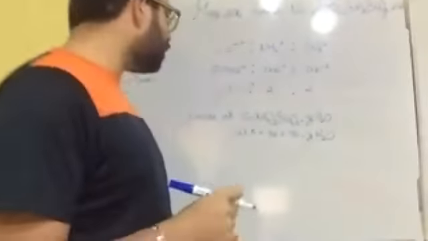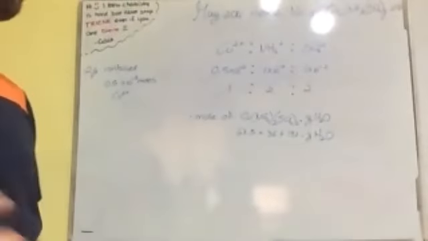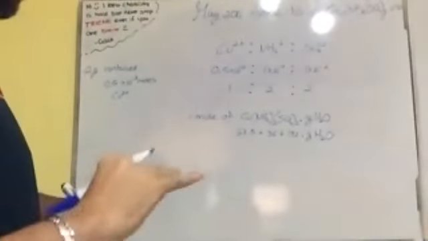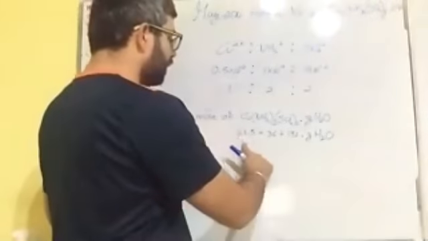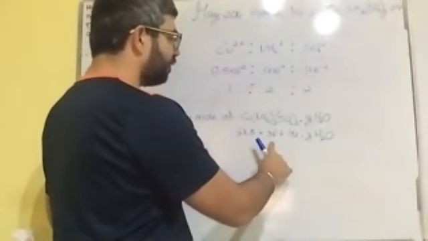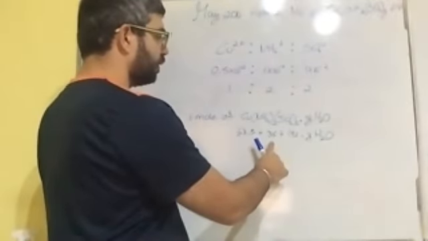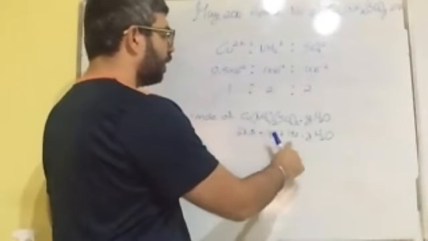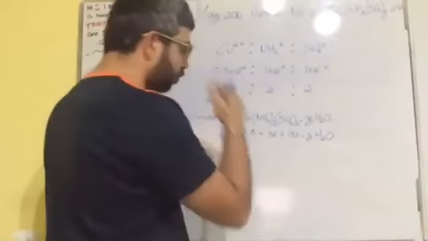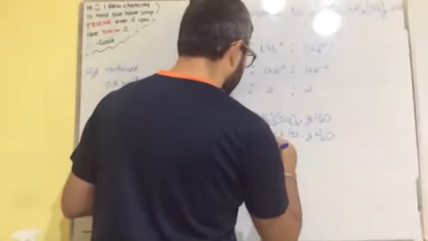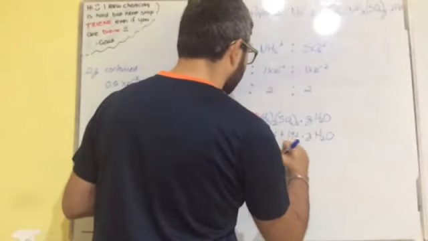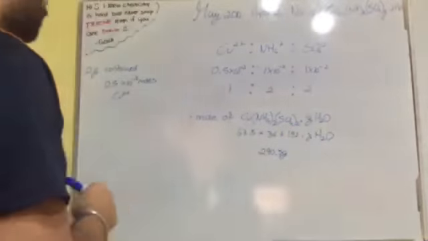For now, the H2O we can leave to the side. So this would be 98.5, okay? And that would add to 290.5 grams.